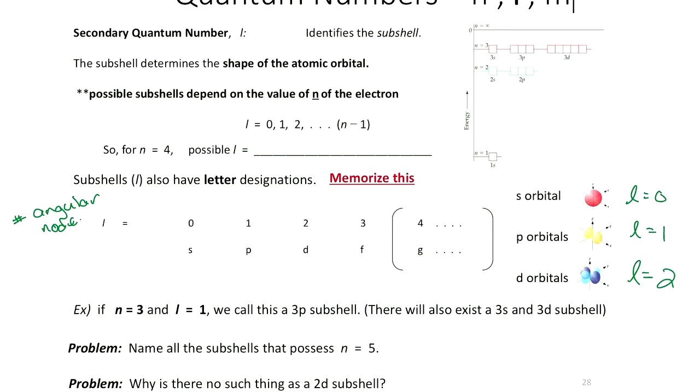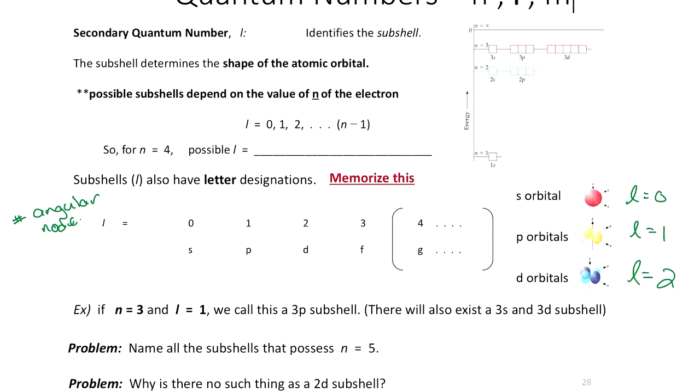Then with L equals 1, we twist the balloon once. If you take that balloon and twist it once, what is it going to look like? A dumbbell. In that case, we've increased the number of lobes on the shape to 2, but we only twisted it once. So that's where L equals 1 comes from to give us our p orbital shape.